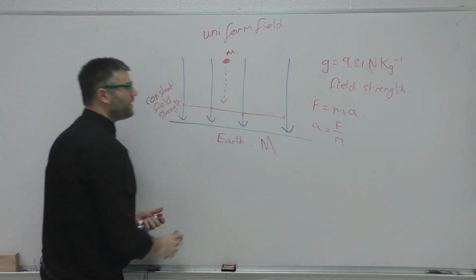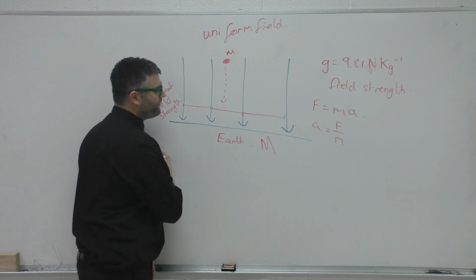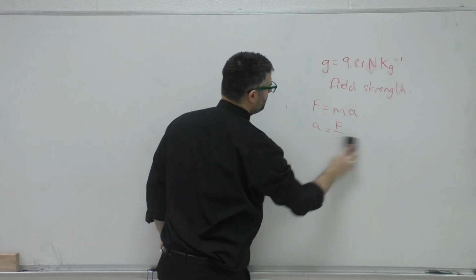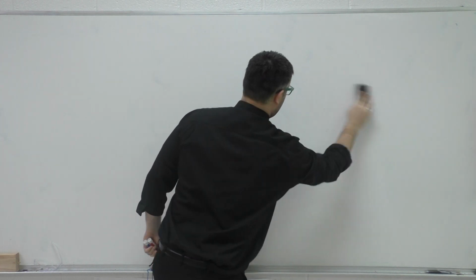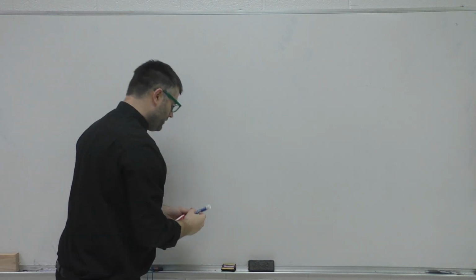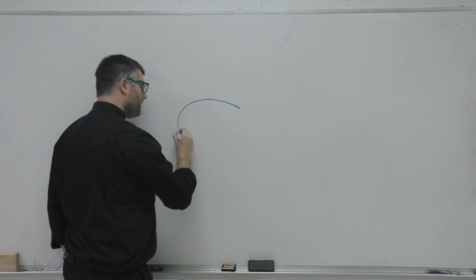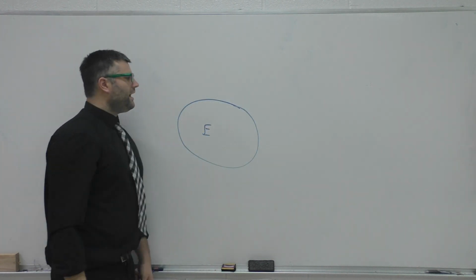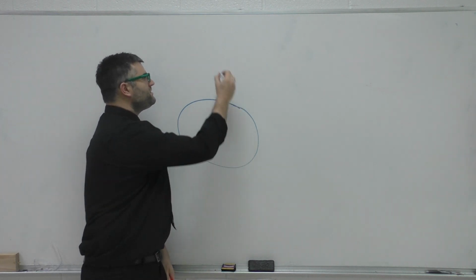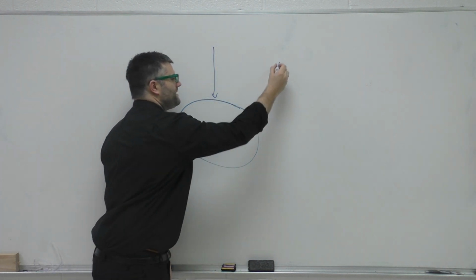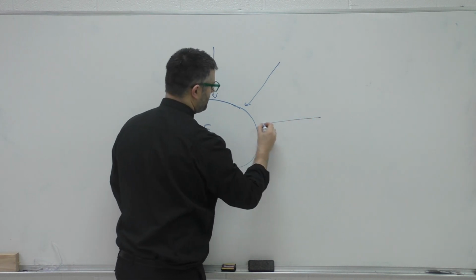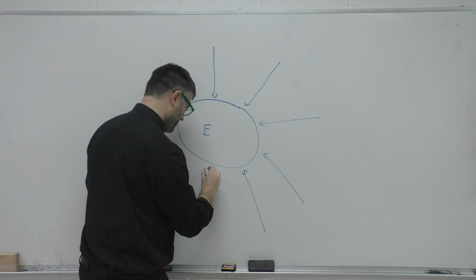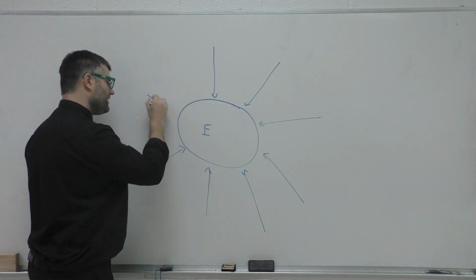So let's have a look at what's actually going on for the Earth. So here's the Earth. And as will be suggested, we've still got those gravitational field lines heading towards the Earth.